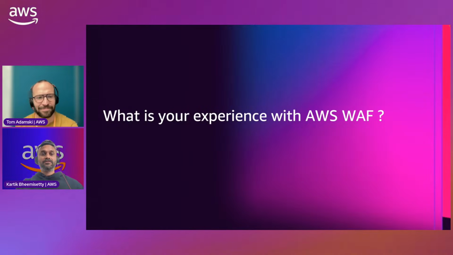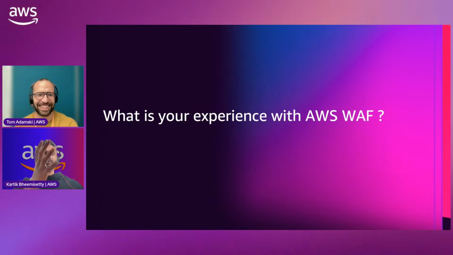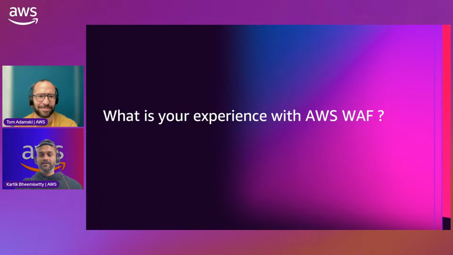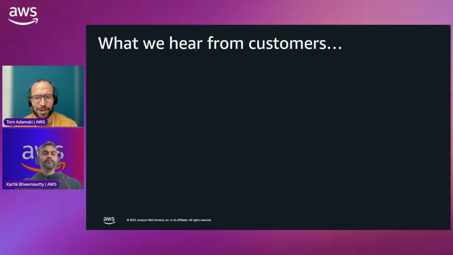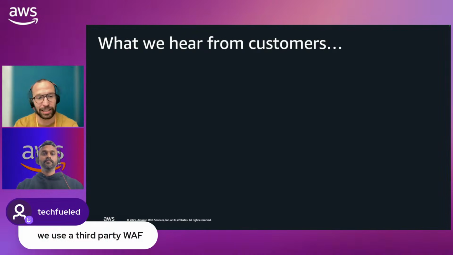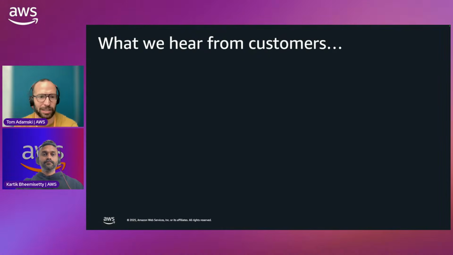That gives us some context on where we want to spend more of our time today. Perfect. We have some comments already that some folks use third-party WAF, but I'm curious to hear, even with the third-party WAF, what are some of the challenges you're running into? What are some of the pain points? What are some of the use cases that are hard to solve? Because those are always interesting for us. And with AWS WAF, also share your stories if you have them.